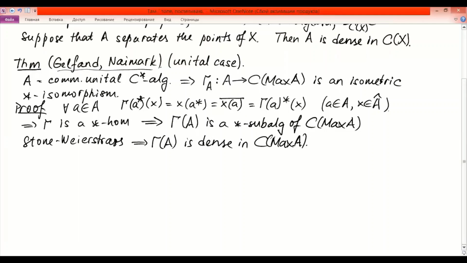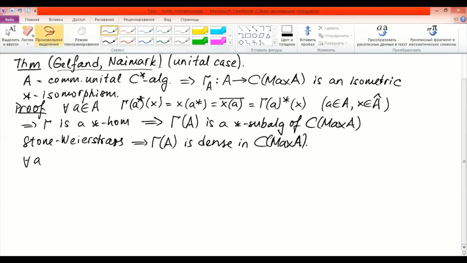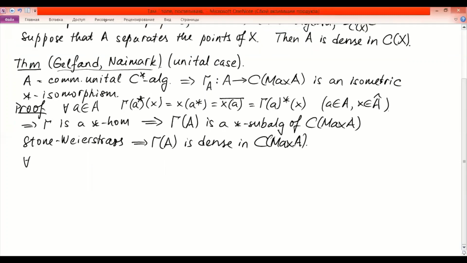Let's now show that gamma is isometric. So first of all, for each self-adjoint element little a, the element gamma of a is also self-adjoint.